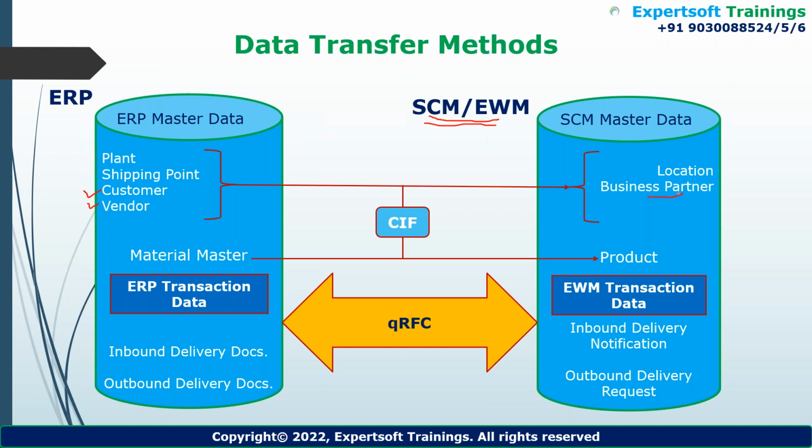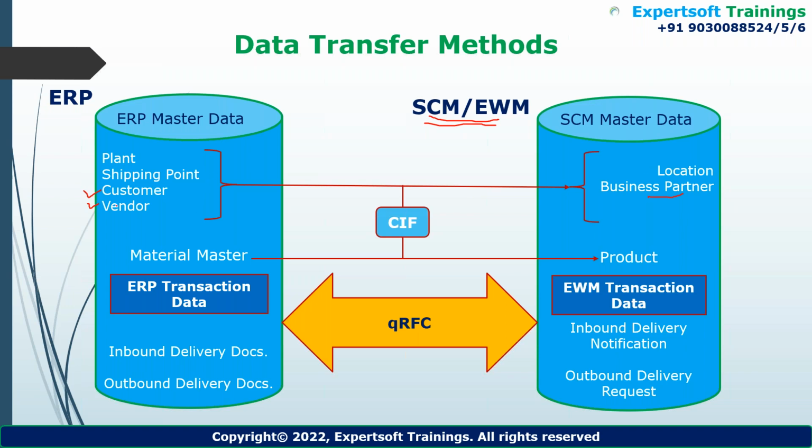Now S4HANA has business partner, but previously this feature came from the SCM system. For a decade, the SCM system has been using business partner for customer and vendor master. You just assign a role to that business partner, which will act as a customer or vendor, and your plant and shipping point will act as a location.